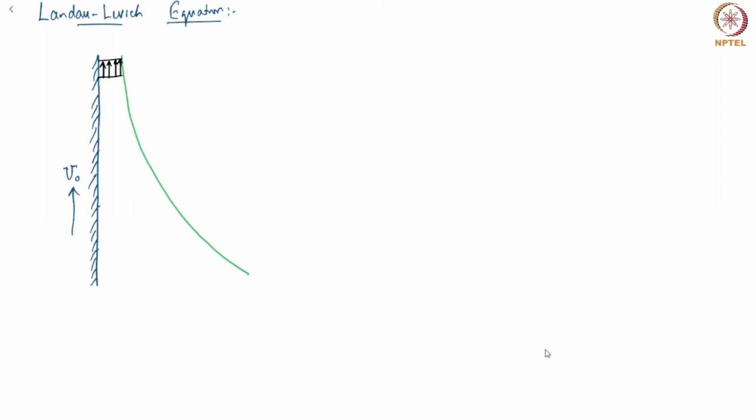Why would the velocity be uniform? Because you have no slip on the wall. Therefore, the velocity should be u0 on the wall. But at the same time, once the interface becomes vertical, meaning parallel to the plate, then the tangential stress is also zero. The tangential stress being zero would mean that the velocity profile is flat.